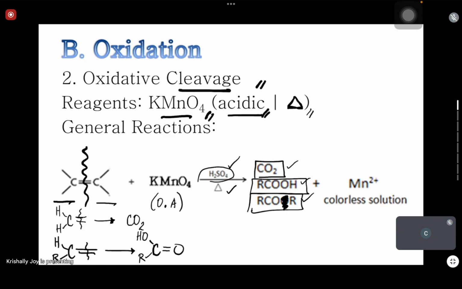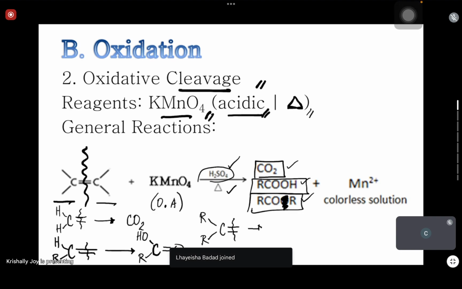And then, if ang cleaved portion naman is puro R group yung naka-attach sa kanya, then that's the time that it causes formation of a ketone. So you have an R group. Di ba? That's a ketone. A carbon double bond O, then R group, R group. So that's a ketone. Okay, let's have an example.